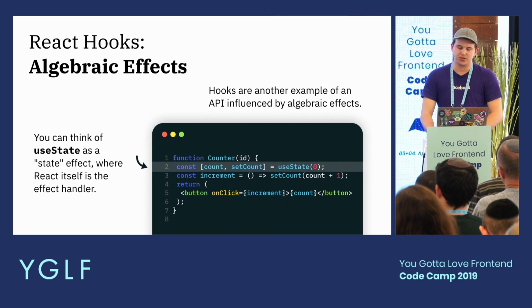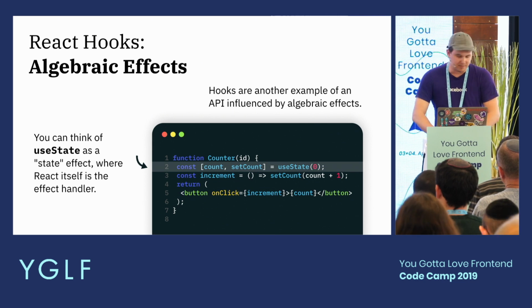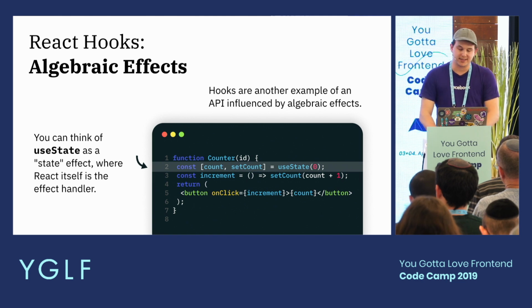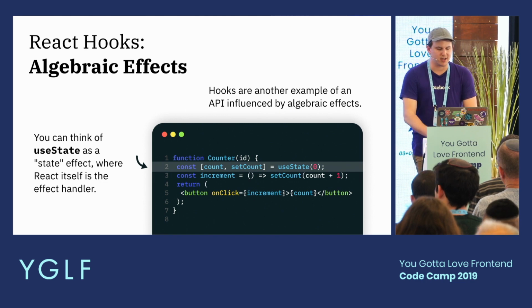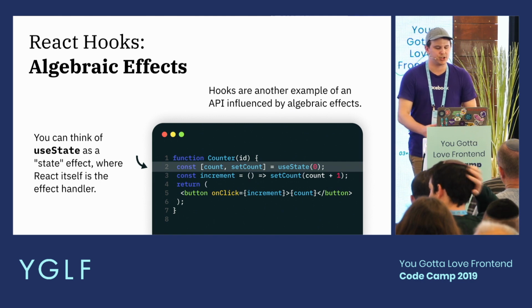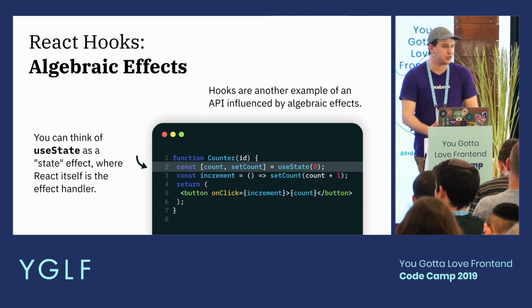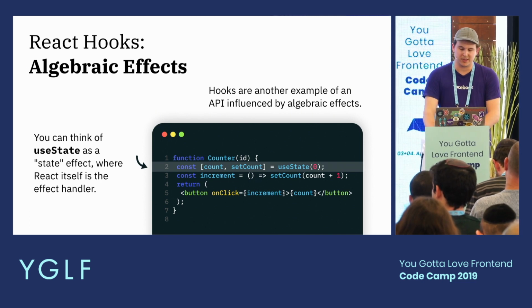It's directly coupled to React. But we might consider a potential future where maybe algebraic effects are integrated into the language itself, and we might imagine a case where stateful components can be reused across any front-end library because they all use a generic state effect, much like how any library can safely use throw and assume it will be handled. That'd be pretty cool.